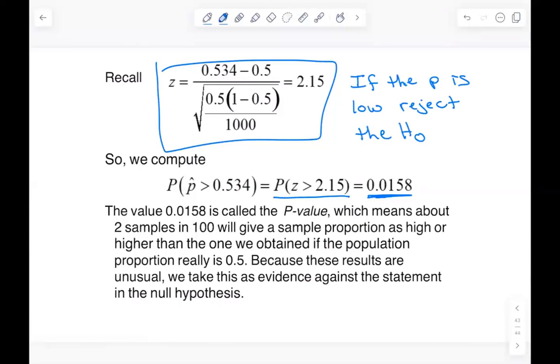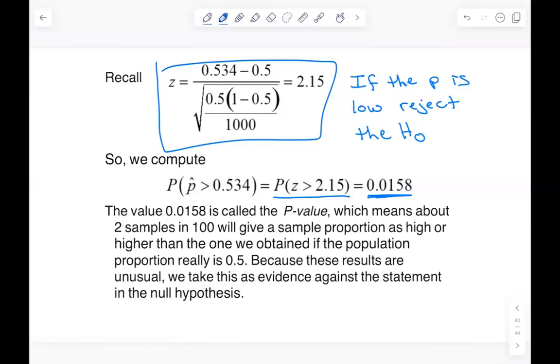There you go, that's really helpful. High school kids love it. One of them came up with it a couple of years ago, and now I just throw it out there. P is low, reject the hoe. Oh my gosh, kids, gotta love them, right?